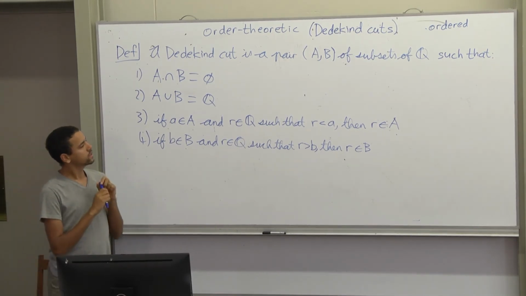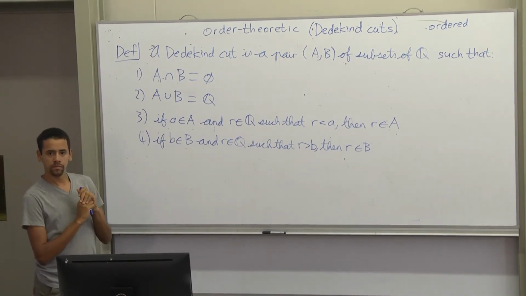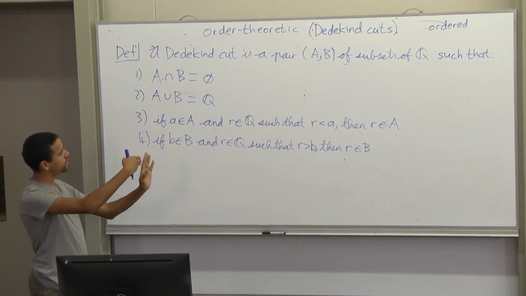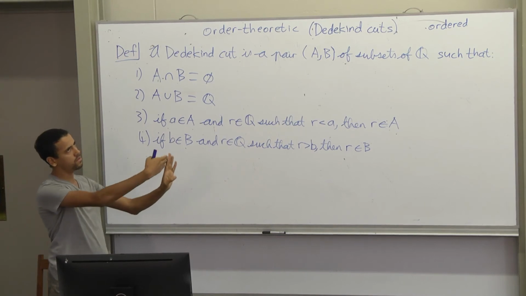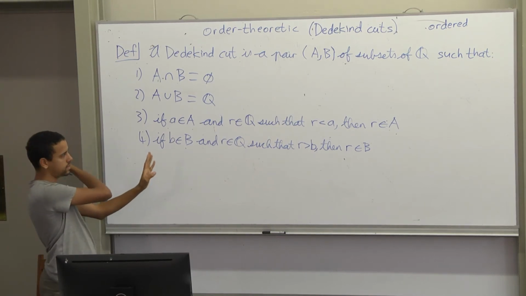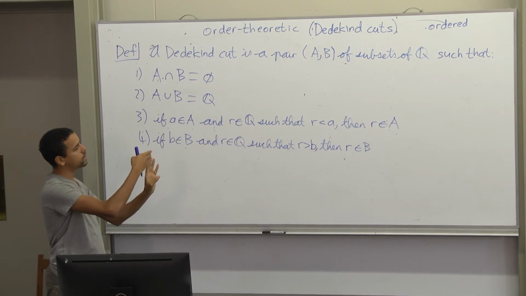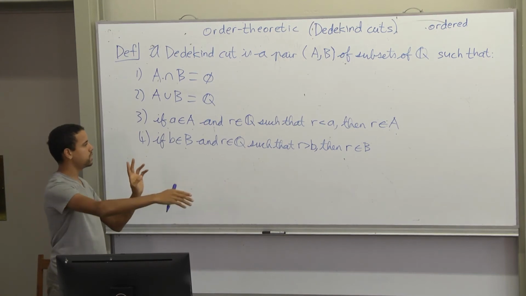Okay. So everything in A has to have, in a sense, everything from some point and lesser, and B has to have everything from some point and greater.